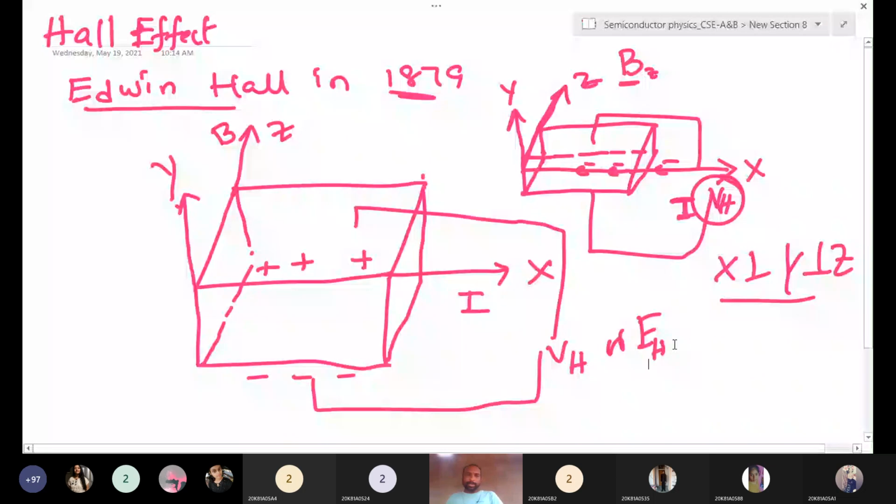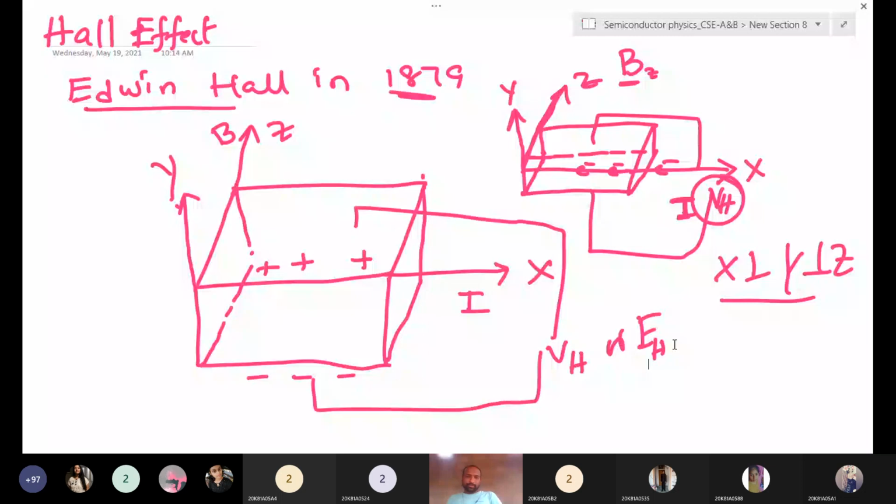Once you apply the magnetic field along the z direction, some of the charges will be induced along the y direction, plus charges on the top surface and minus charges on the bottom surface. Because of these charges there is a development of voltage or field, which we call the Hall voltage or Hall field.